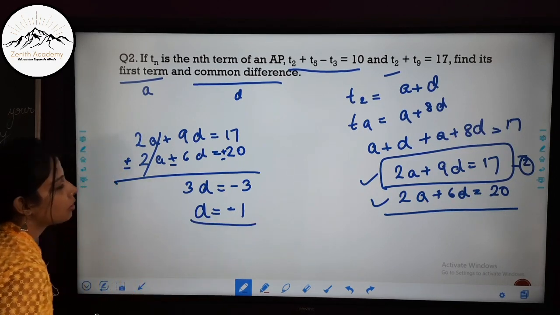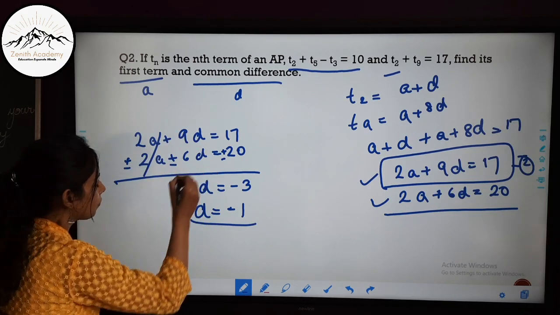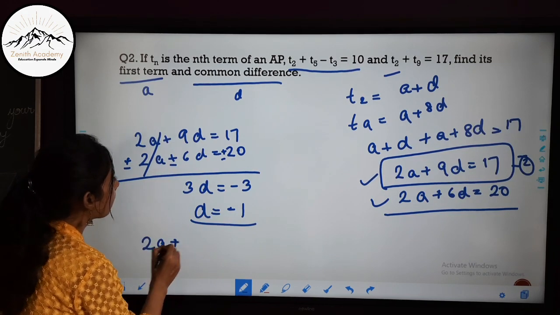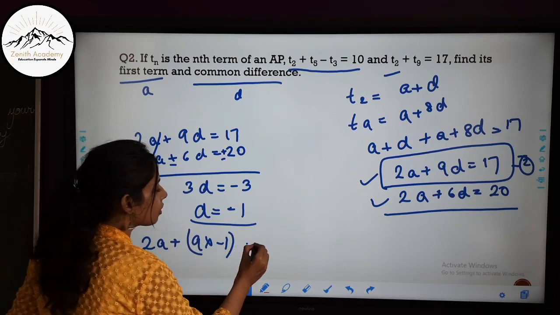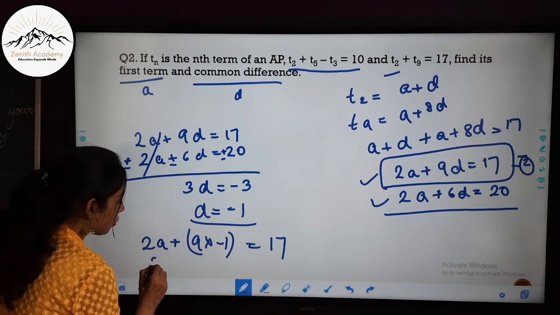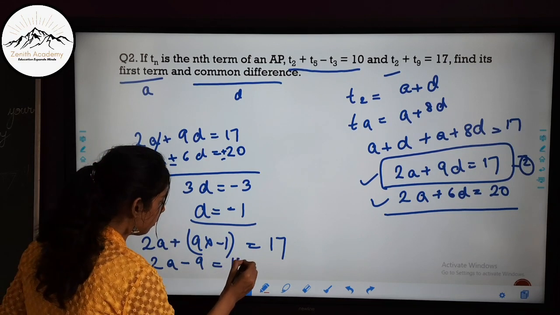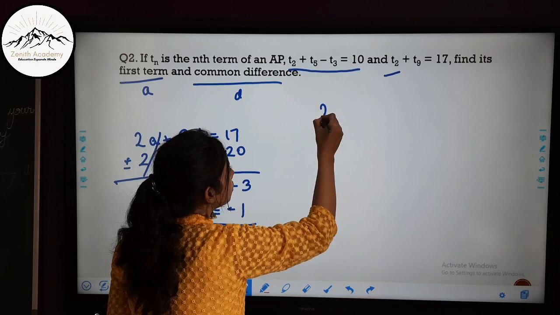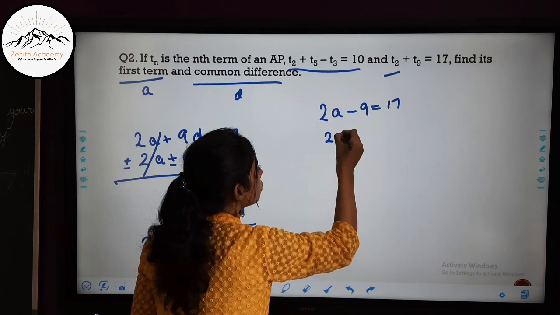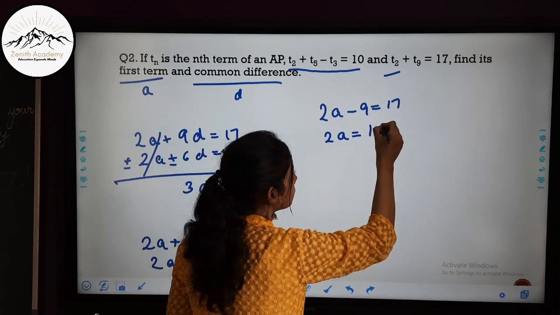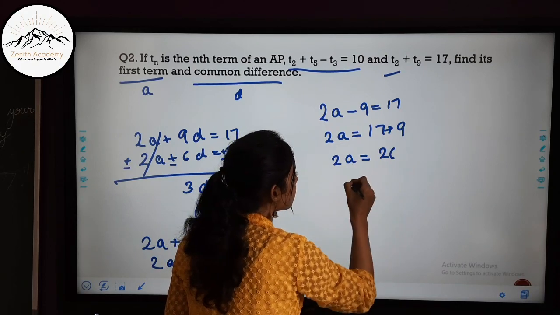Now we know D is equal to minus 1. So we can put this in any of the equations and find A. So let's put it in this equation. 2A plus 9 into minus 1 is equal to 17. 2A minus 9 is equal to 17. 2A is equal to 17 plus 9, which will give us 26.